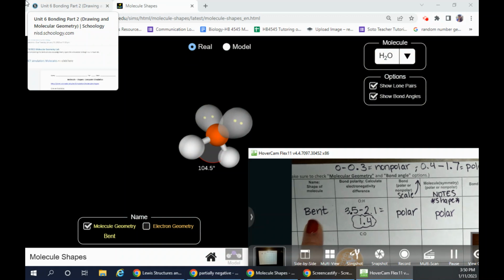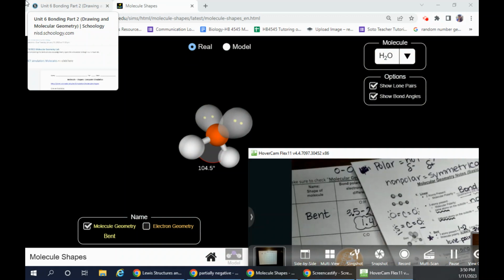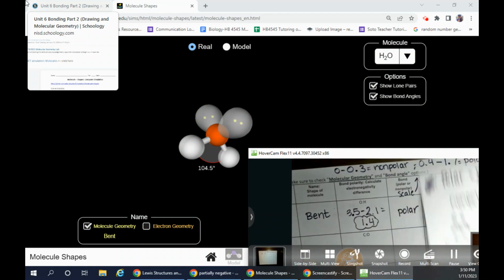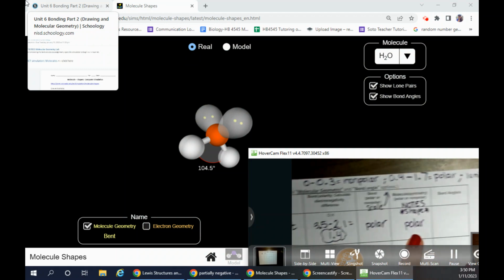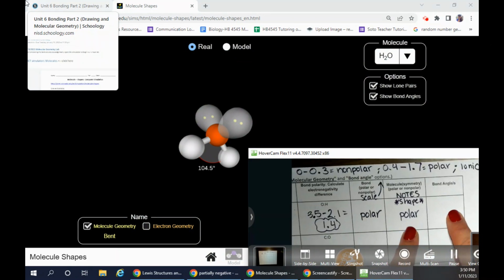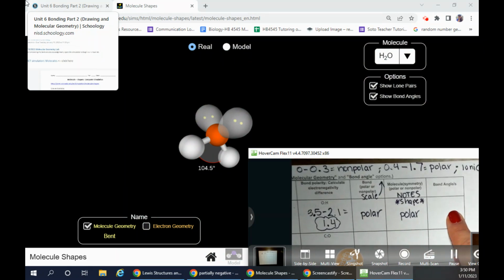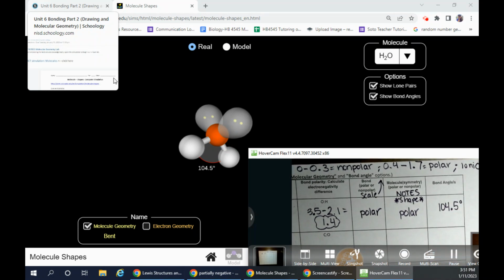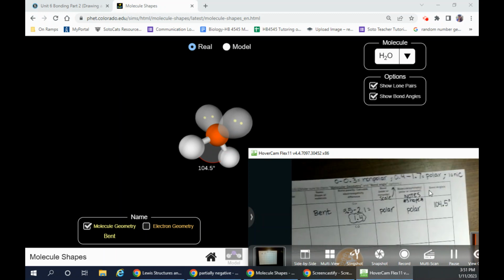So again, this one is coming from the notes page. Okay? Finally, bond angle. You're grabbing from your simulation. So as you can see on your simulation, we have 104.5 degrees. And that's it. Okay? So it should not be overly difficult.